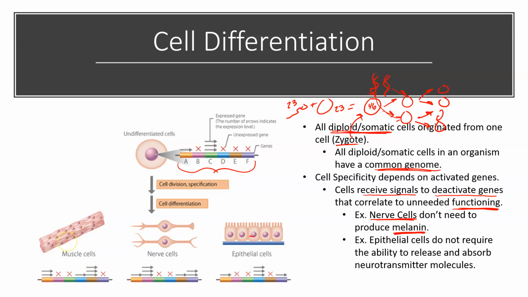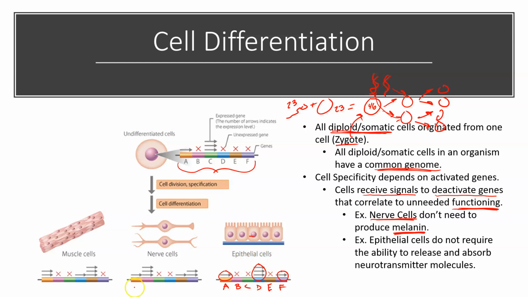And so you can see that it's just a different code, right? All 3 of these specialized cells have the same 6 gene sequence, but when we deactivate genes B, C, and E and keep A, D, and F active at this degree of expression, this cell specializes and differentiates into an epithelial cell.